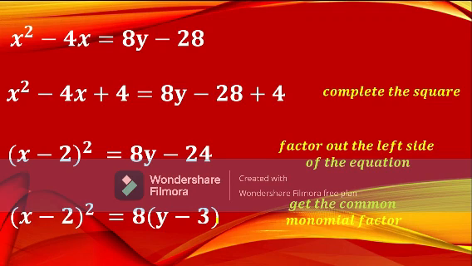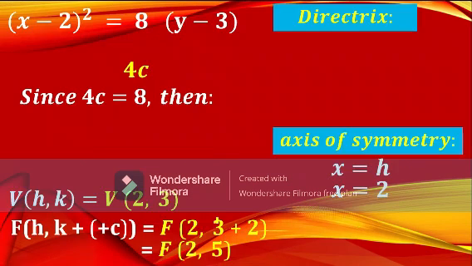Okay, so I hope that you were able to understand the procedure from the very beginning. Since you have here x minus 2 quantity squared is equal to 8 times the quantity of y minus 3, let's get the value of c. Remember the formula for c. So this will be 4c.